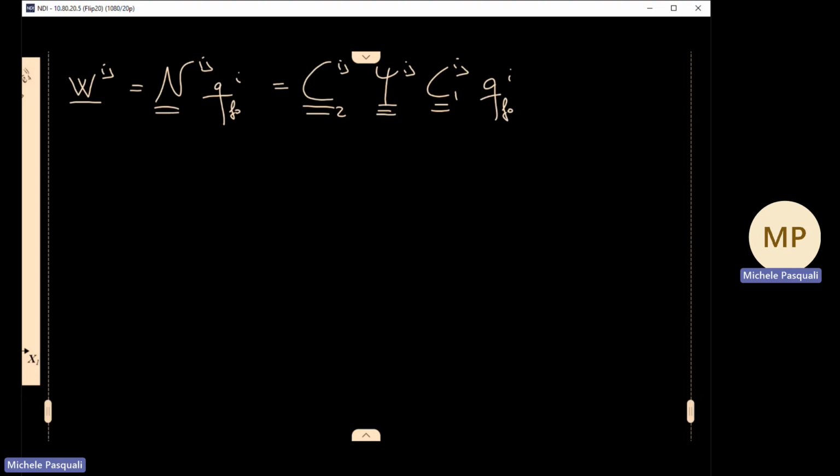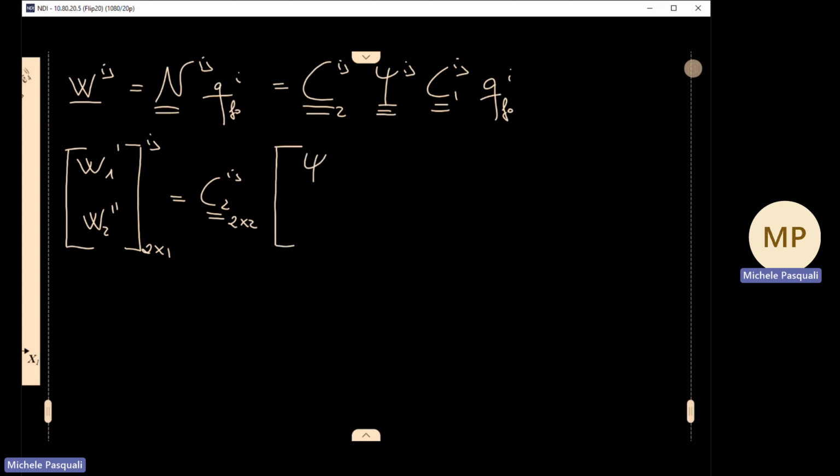Okay, so we can rewrite this in matrix form in the following way. So W1 prime, that's to say the derivative with respect to space of order 1, and then we have W2 ij, which is a 2 times 1 vector, is therefore C2 ij, which is a rotation matrix in the 2D plane, so a 2 times 2 matrix. And then we have the following.